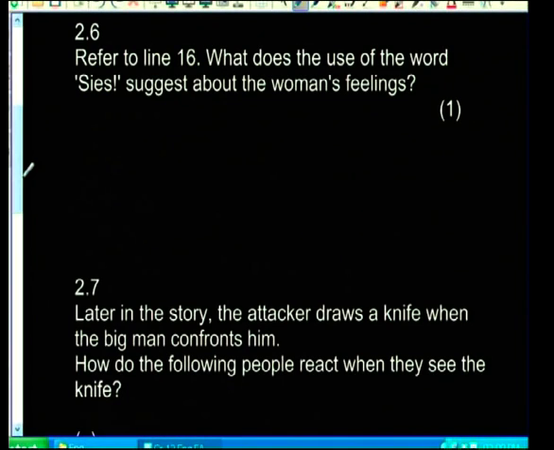The next question. Refer to line 16. What does the use of the word sis suggest about the woman's feelings? So let's look at it. She uses the word sis in the end, and it tells you something about her feelings. Of course, she was filled with disgust and revulsion. She was filled with contempt and disgust and hatred.